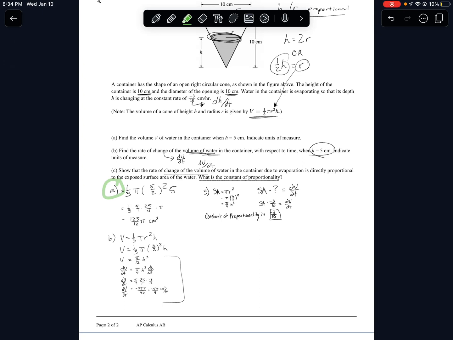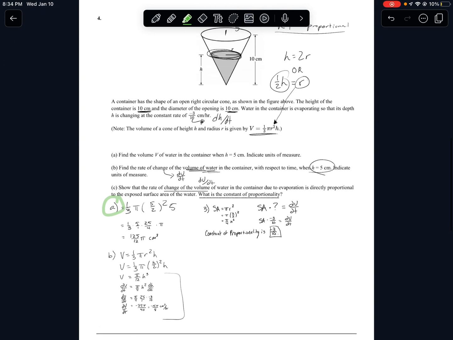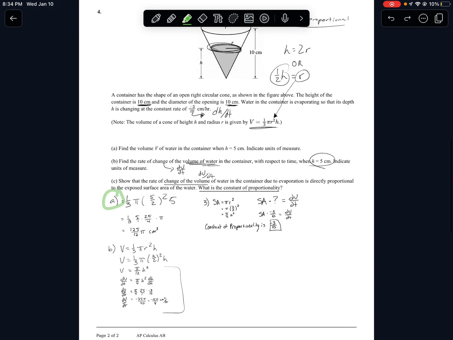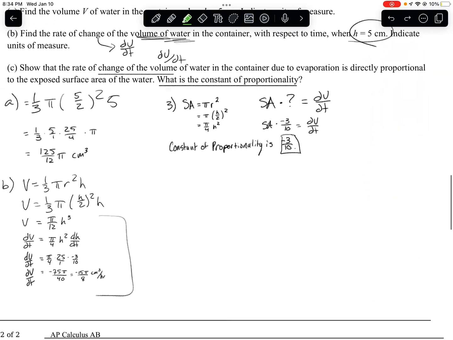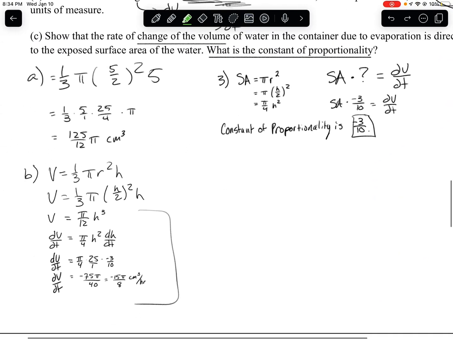Finding A is not bad. We just had to think about what that number in here was going to be. And then finding B wasn't bad either. This constant of proportionality is slightly obscure and kind of a random question to ask. Basically, all we're trying to do is relate our surface area to our dV dt in some way.